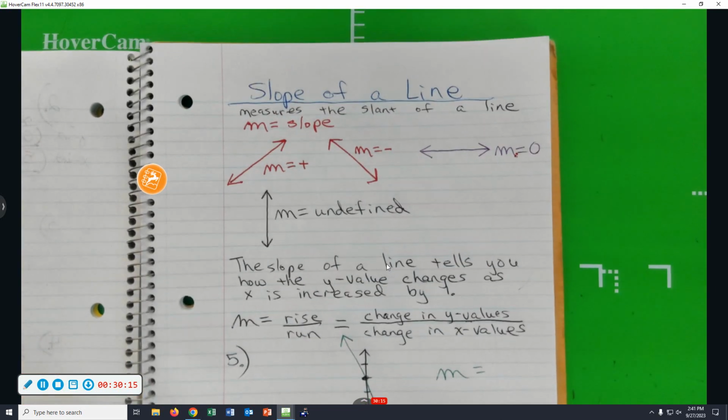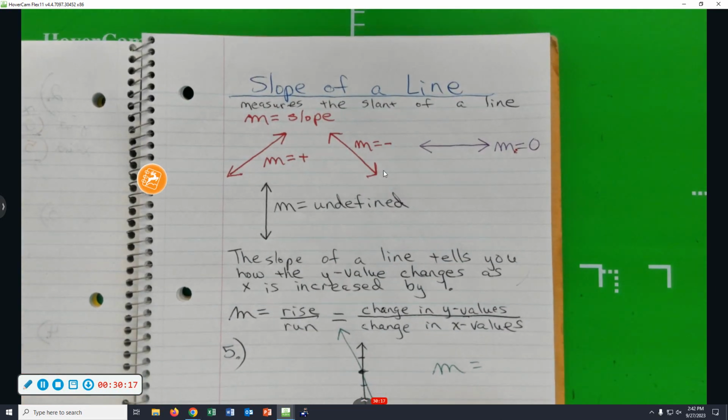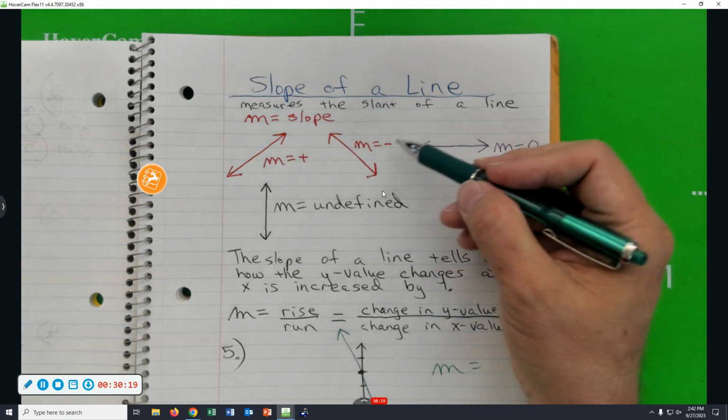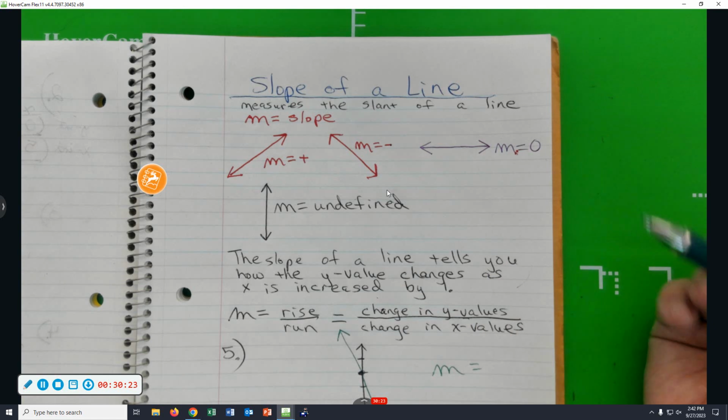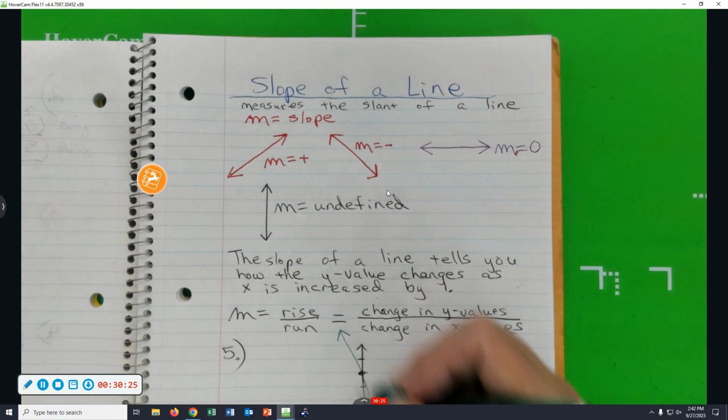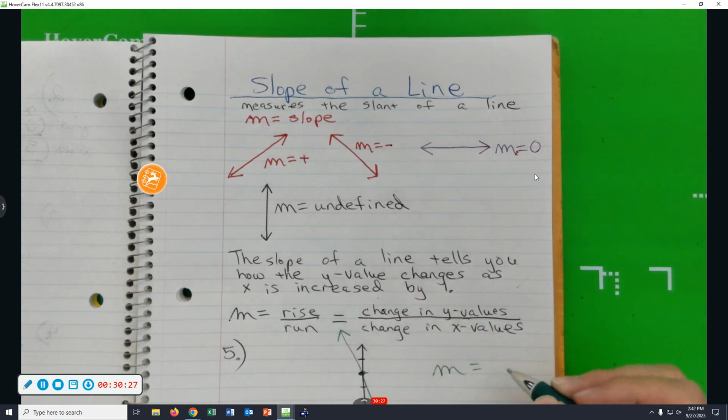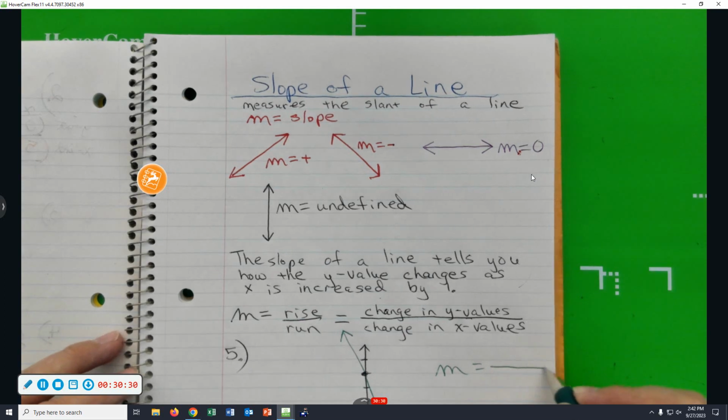Do I expect this slope to be positive or negative? We expect it to be negative. As the x values increase, the y values are getting smaller. Because the line is falling, I know the slope is going to turn out to be negative. Let's show why.